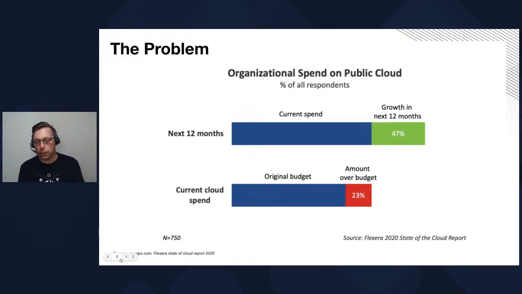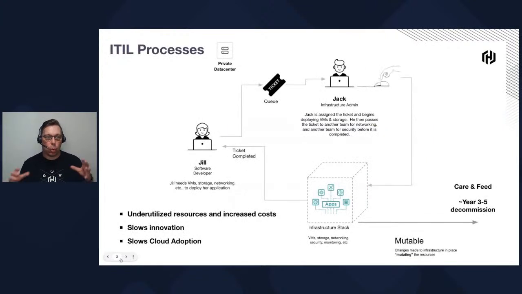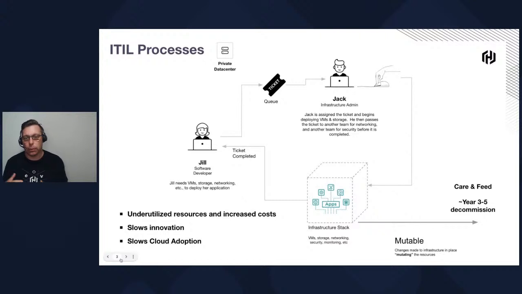And so that's a fair chunk of change to be paying for things that you're not actually getting value around. So as that growth continues, so will the wastage. And I suppose what some of those wastages are tied to is people and process.